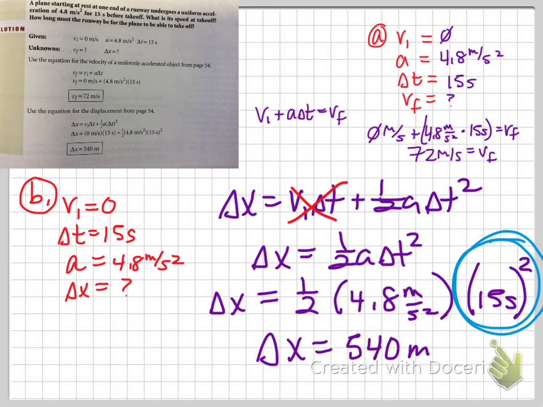Now, there will be cases where you cannot do that, and that's where we look to other equations. As we go further in chapters 2 and 3, we'll do a lot of substitutions. Actually, if you really wanted to have some fun with algebra, you could use that first equation, do the algebra and solve for delta x, and you'd end up with that, which is pretty cool.